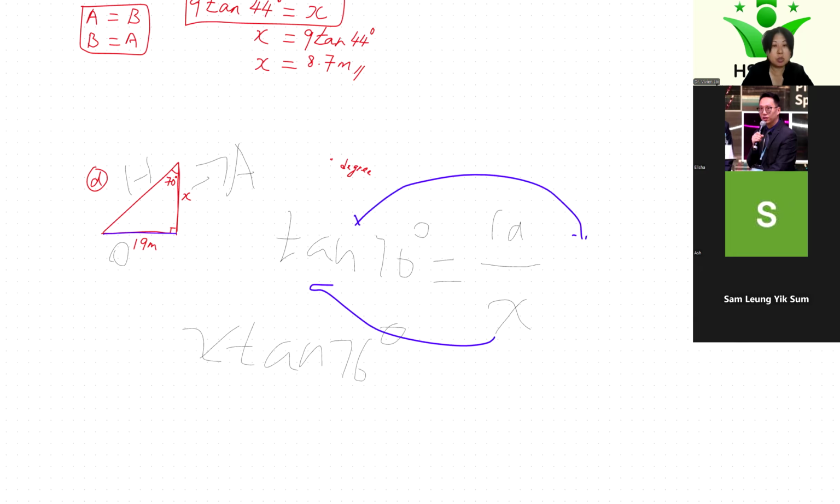And then you need to transpose this away because we want to isolate the X. Transposed to the other side it becomes... right. And now you press your calculator.